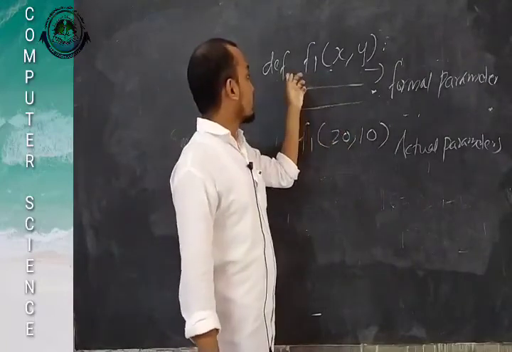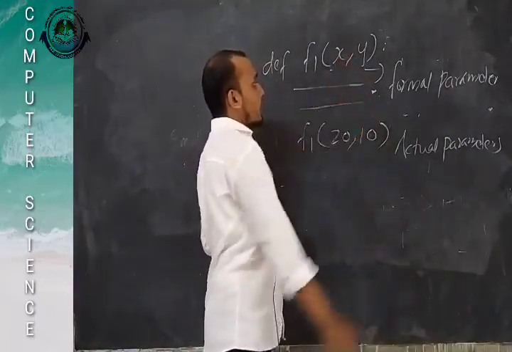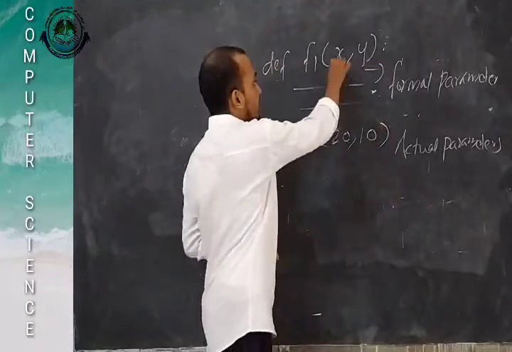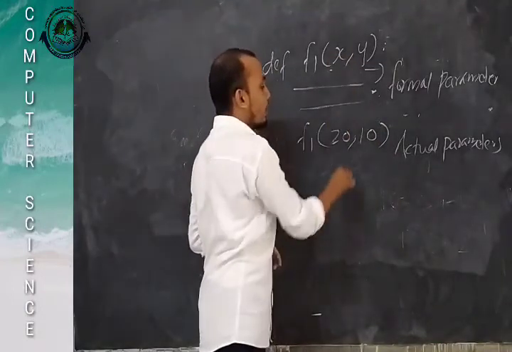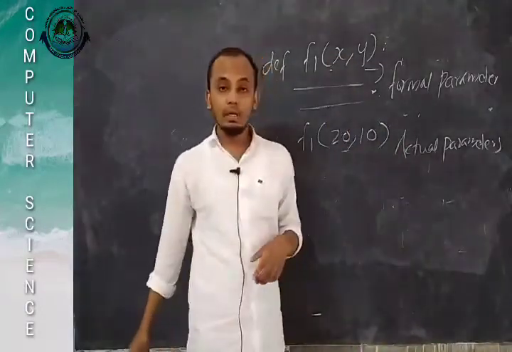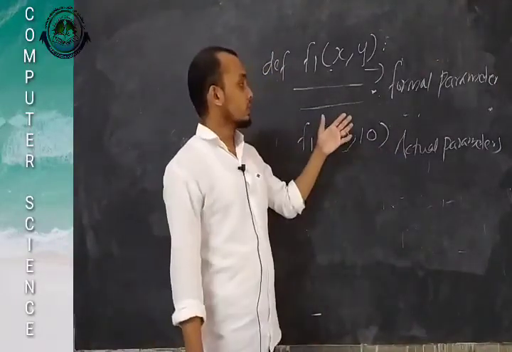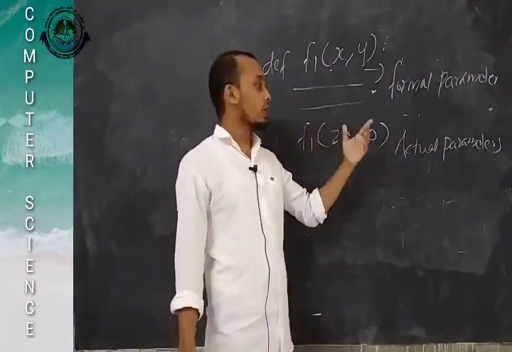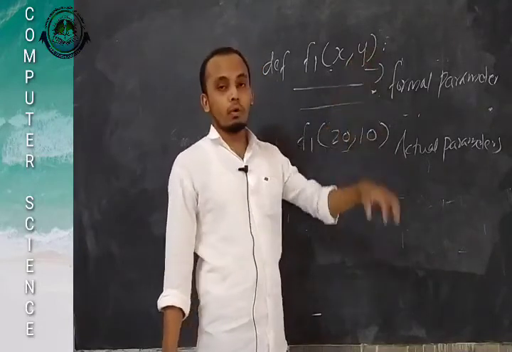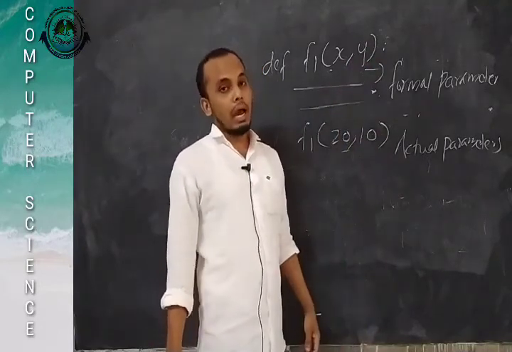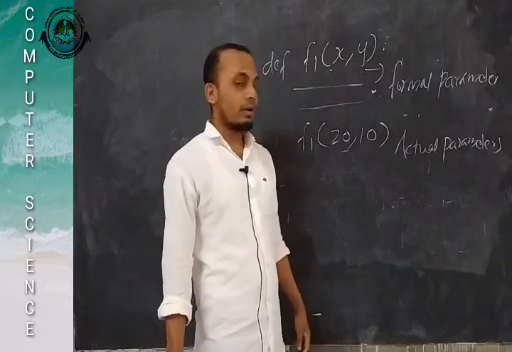Did you understand what I say? f1 of x comma y. Here instead of this x and y we can use 20 and 10. Okay, this is called actual parameters or actual arguments. This one is formal parameters or formal arguments. Did you understand what I say?